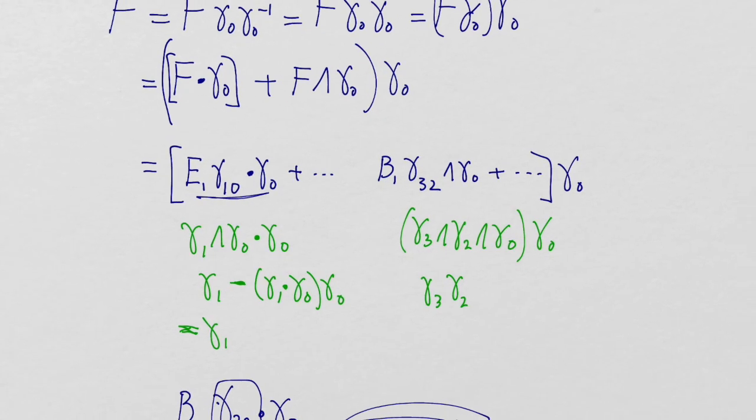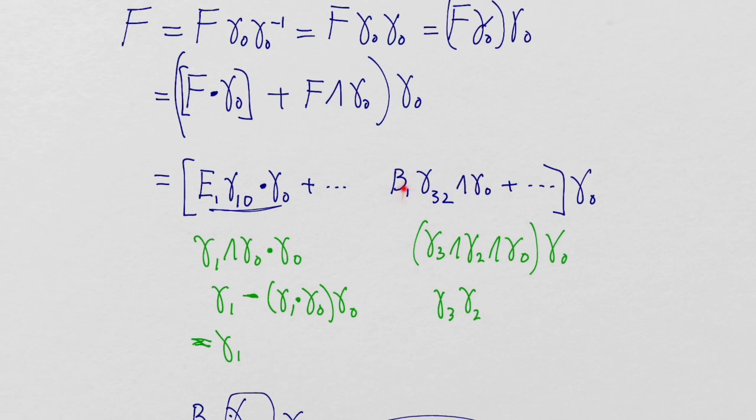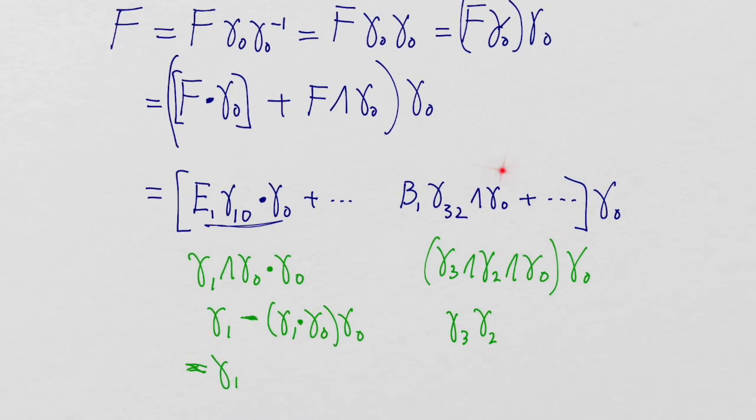And this whole expression is just two examples of the components. This is F written out in all of its components with some dots in there. But look at this one component that lives in the dual to the relative 3-vector part of F, and it's supposed to be wedged with gamma 0.